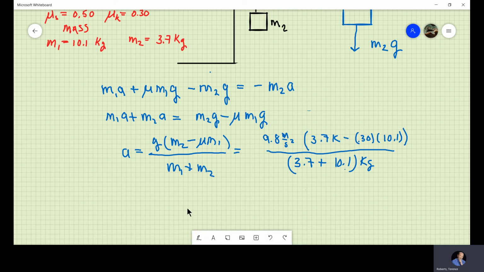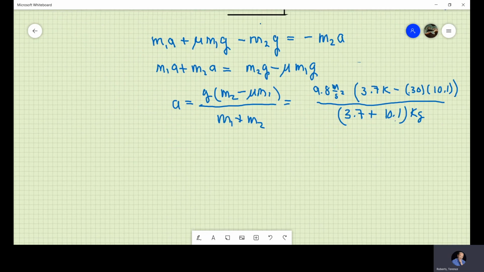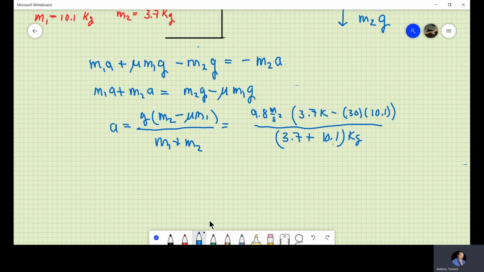Okay, so now we will get our acceleration. So this comes out to A equals 0.476 meters per second squared.